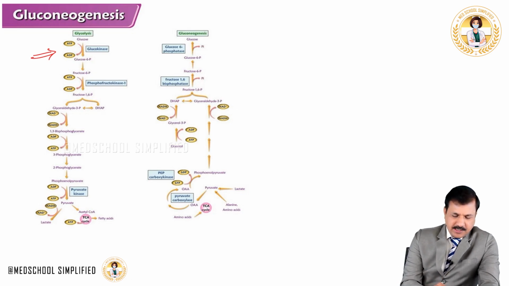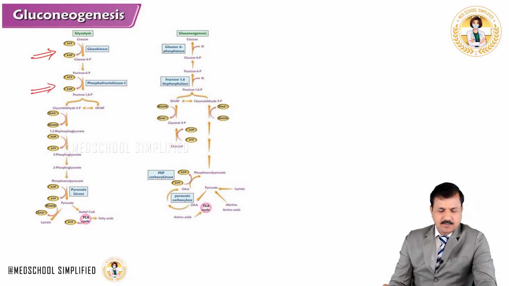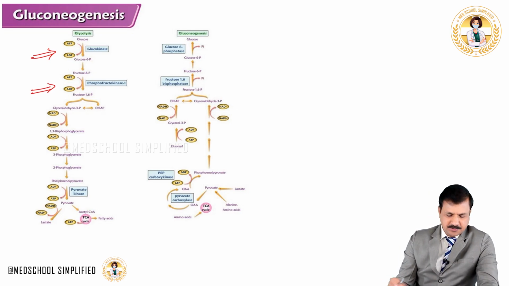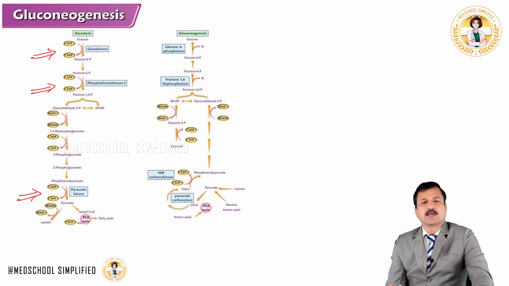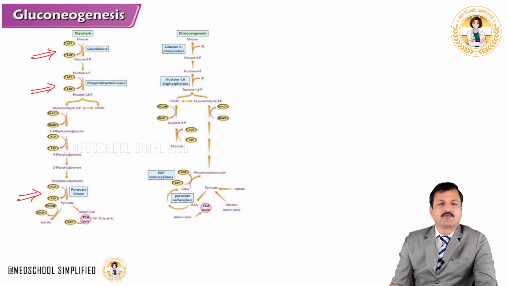The first irreversible reaction in glycolysis is catalyzed by glucokinase, converting glucose into glucose-6-phosphate. The second is catalyzed by phosphofructokinase 1, converting fructose 6-phosphate into fructose 1,6-bisphosphate, and the third by pyruvate kinase, converting phosphoenolpyruvate into pyruvate.